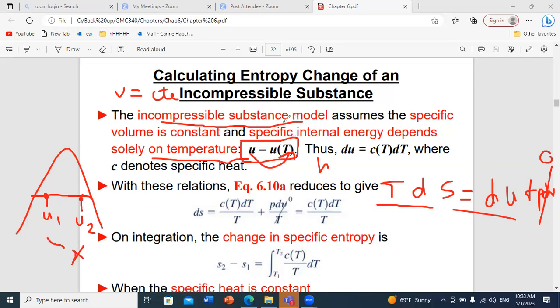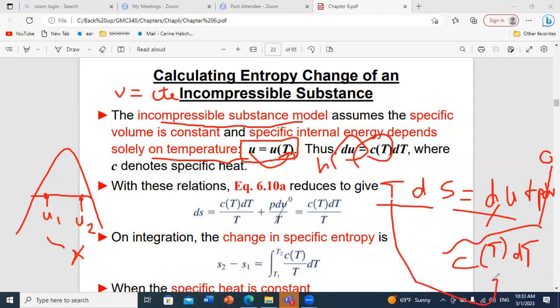Okay, so if you have incompressible substance and you can apply the ideal gas law where U is only function of temperature, you can write then that du is the specific heat C, which is also function of temperature, times dT. ساعتها if you replace du by C(T) dT, and since here the only variable is temperature, we can take here temperature to the other side. فبصير عندي إنه ds is equal to C(T) dT over the temperature.